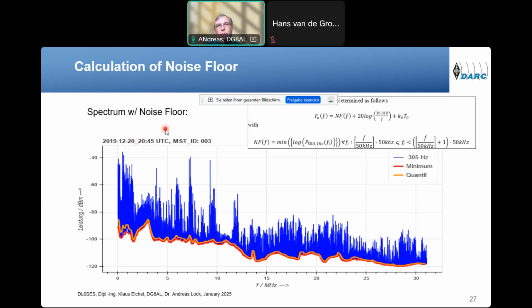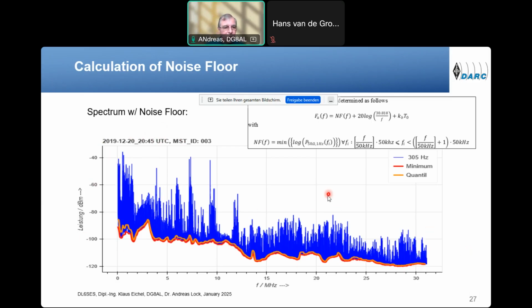There's an ITU procedure which describes how to do it. In the discussion with the colleagues in the Netherlands, we came to the result that our procedure is not exactly the same, but it's very close to the ITU procedure, which is shown here in this diagram.